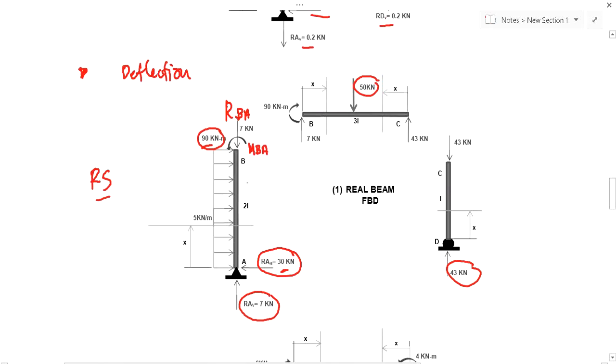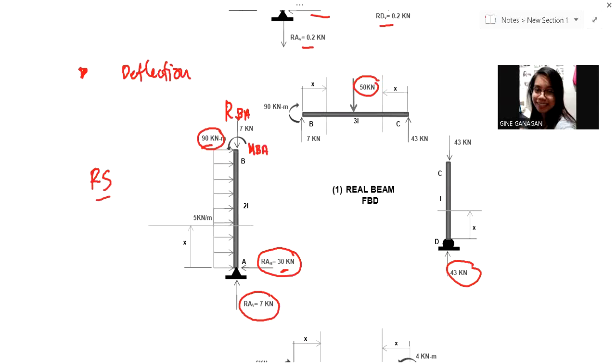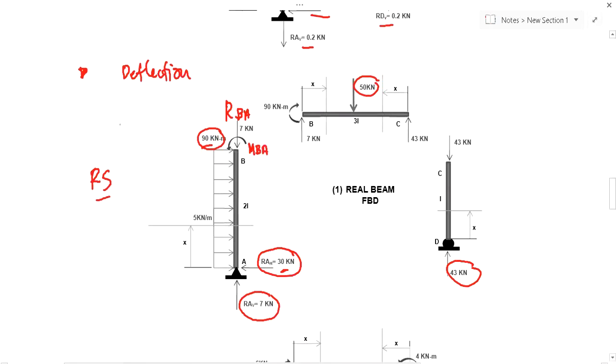Pagka sinaparate natin yung AB, magkakaroon tayo ng moment and reaction dito sa point B. So if we take the equilibrium equation, we can solve our reaction at BA, that is equal to 7 kilonewton. Summation forces vertical, okay? So we have RAB, then RBV. Nag-summation forces vertical tayo para makuha yung 7.